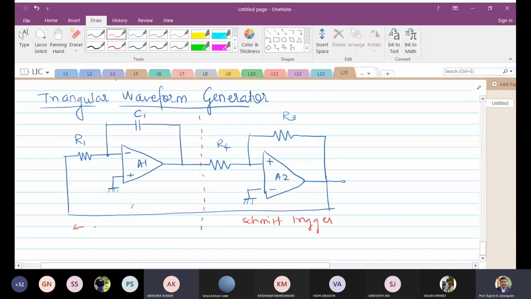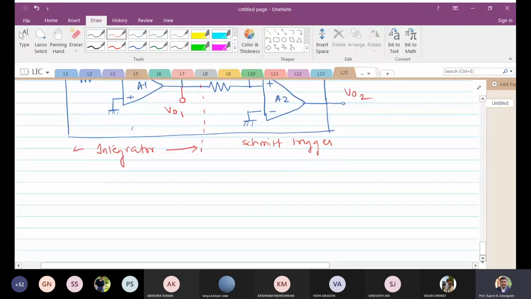You can see it is an integrator. Yes, sir. So here you have another output. We'll call this VO1. Here we'll be calling VO2. And you'll see that the voltage at VO1. So let me draw the figure.